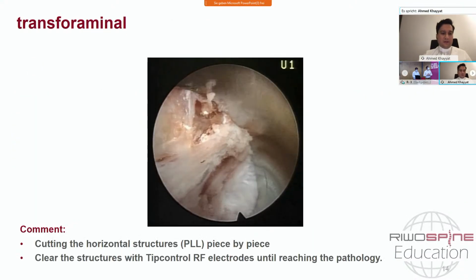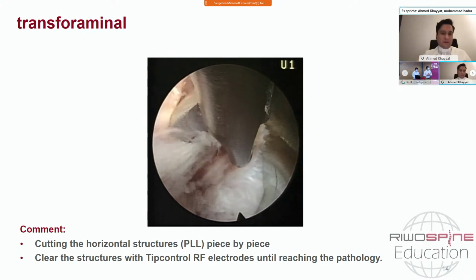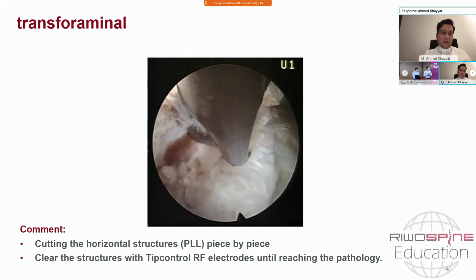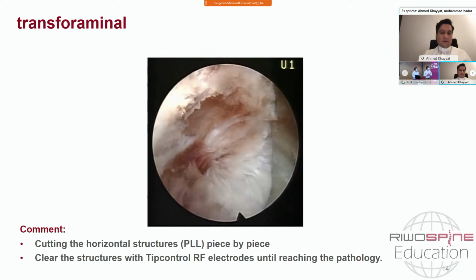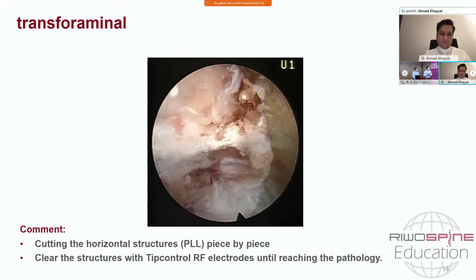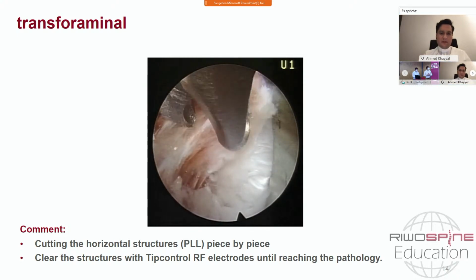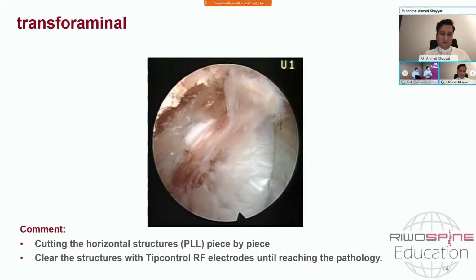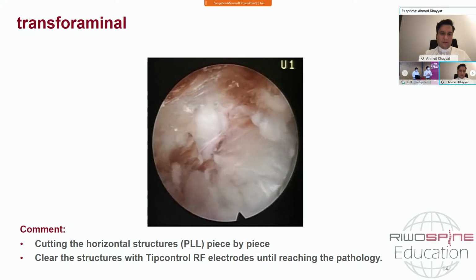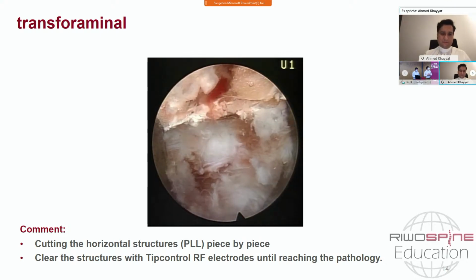This is an example of the transforaminal approach. As we can see here at the 6 o'clock, the disc space, and now we are cutting the horizontal structure, the PLL, piece by piece, until you can see the pathology medially. And these are the layers of the PLL, removed with the scissors. And this is the pathology here, the intradiscal, intraspinal disc prolapse.